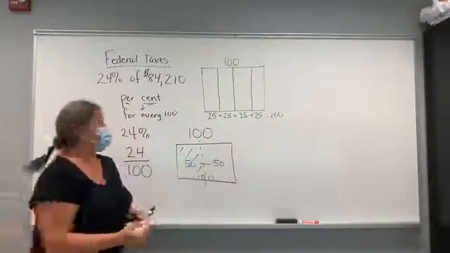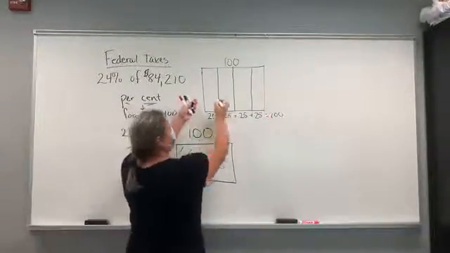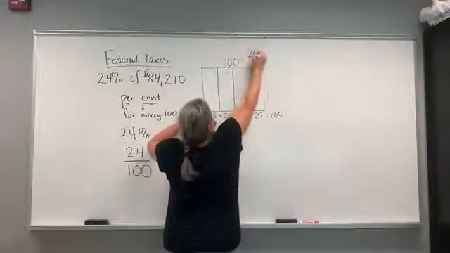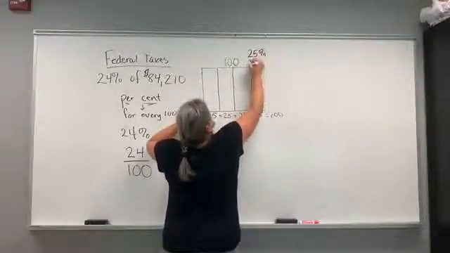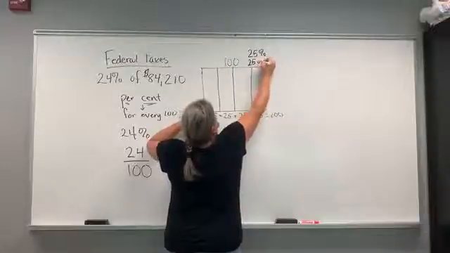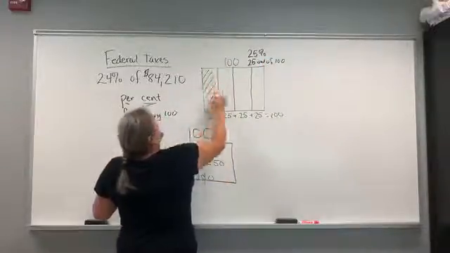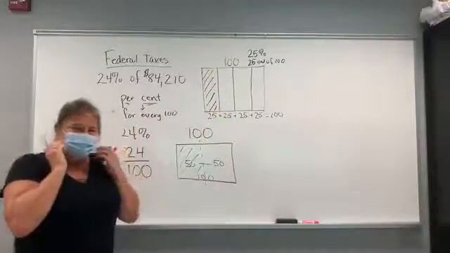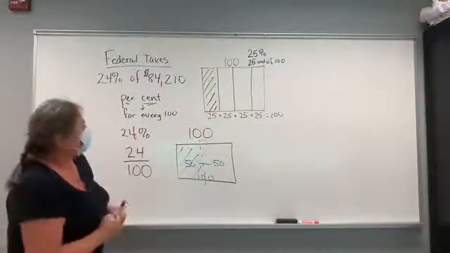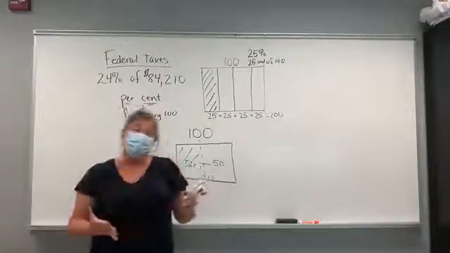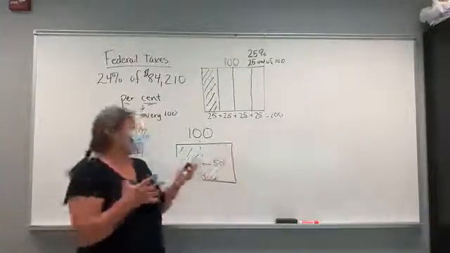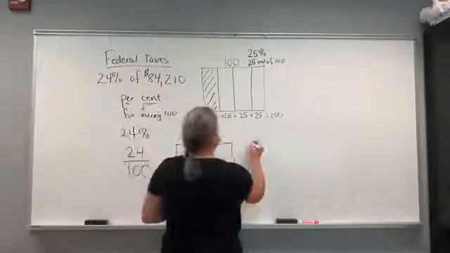If this would be 25%, remember, 25% means 25 out of 100, and that would be like this chunk right here. So if we have 25%, it's like a quarter. You split it into 4 pieces because that's what 100 is. So 25 goes in that 4 times.